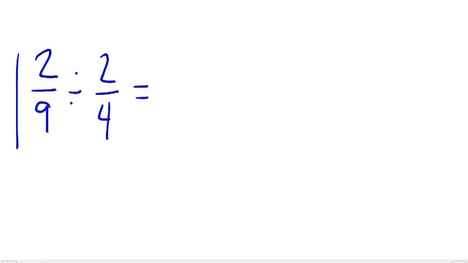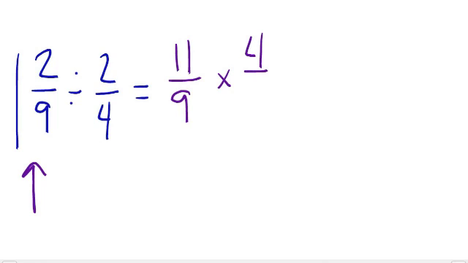Now, the same rules apply when you're dividing fractions as when you're multiplying fractions. This number right here has to become an improper fraction. So we have 9 times 1, which is 9, plus 2 is 11 ninths. And we're going to multiply that by the reciprocal of 2/4, which is 4/2.